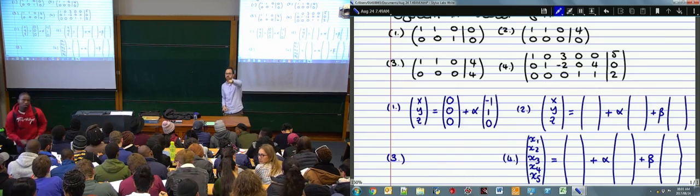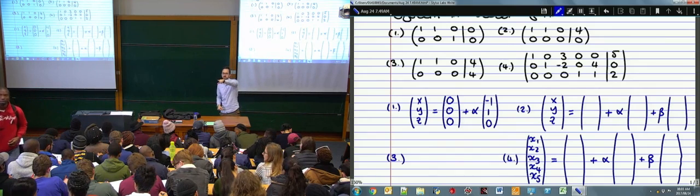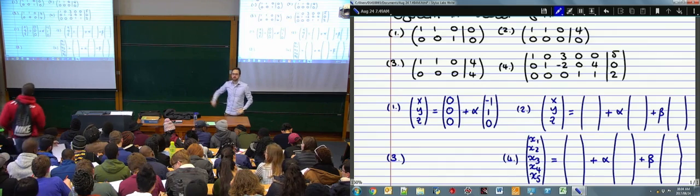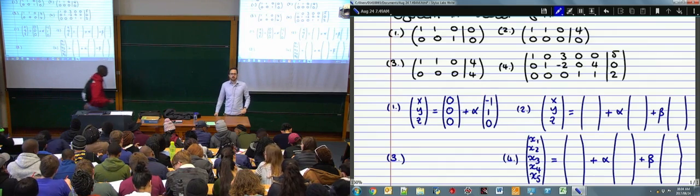Anyone sitting next to an empty seat? Okay, so there's one over there. Just maybe would everyone in that row shift up? In fact, yeah, it's easier to come around from this side. Okay.